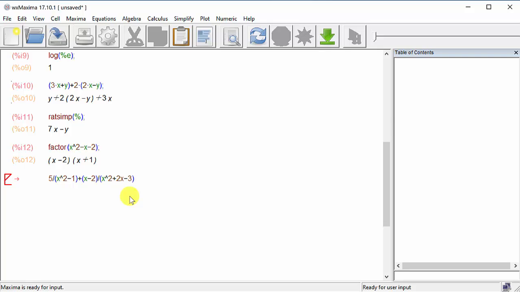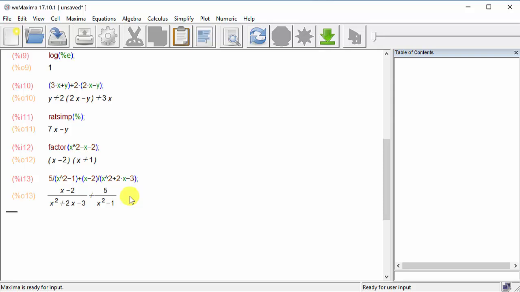Let me ask you this: is everything typed in correctly? Did we type in everything right? We didn't, did we? Remember, the 2x, we've got to put that in as 2 and then the star x. Then we do the semicolon and then Shift Enter, and that's what it gives us.